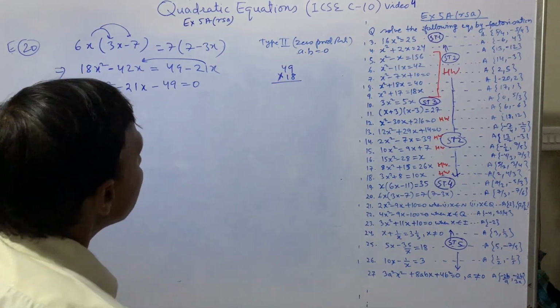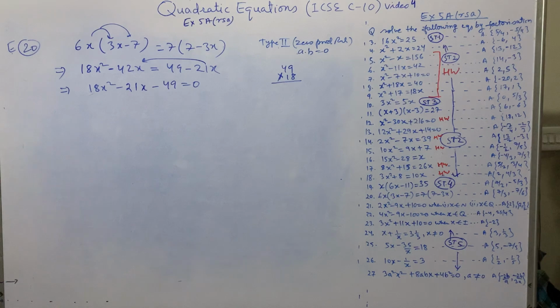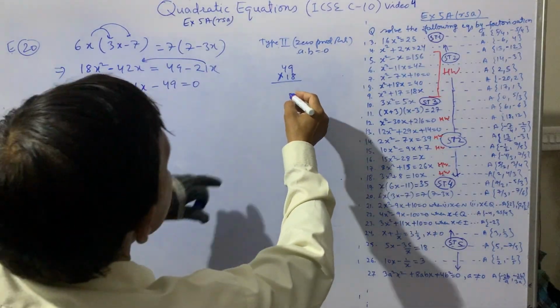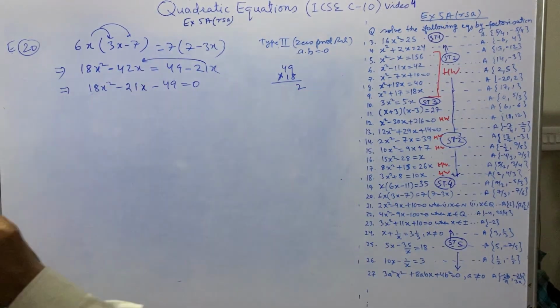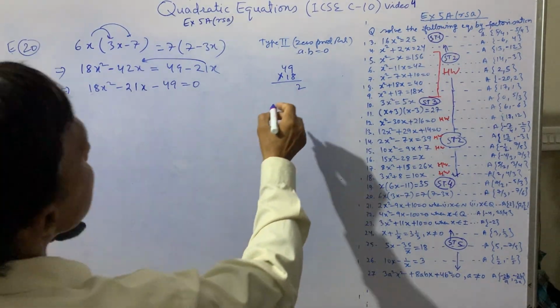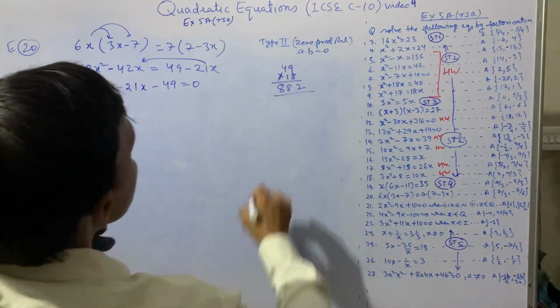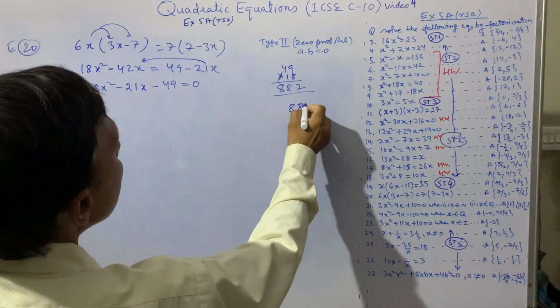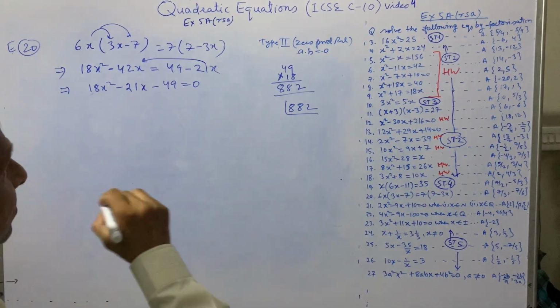On multiplying, what are you getting, 40 into 18, you are roughly getting 802, and then getting 882. Okay. So on factorizing, what do you get?